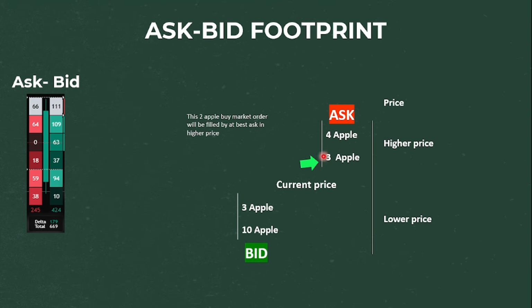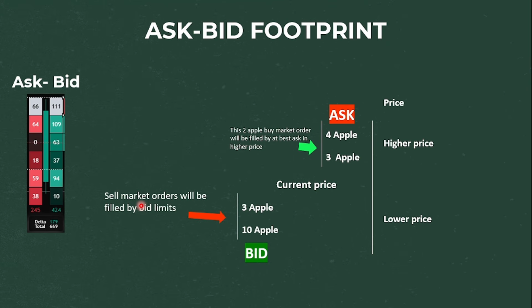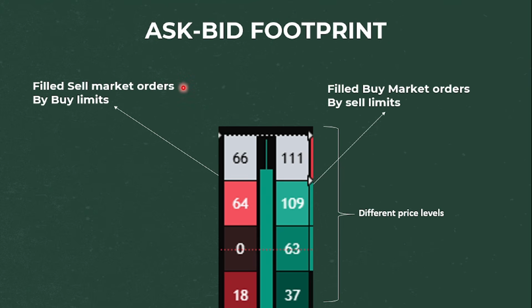These 2 apples of market order will be shown on the footprint chart on the buy side. After that, sell market orders will be executed and filled by bid limit orders. So basically, on the footprint chart, the right side shows buy market orders filled by sell limits, and the left side shows sell market orders filled by buy limits.